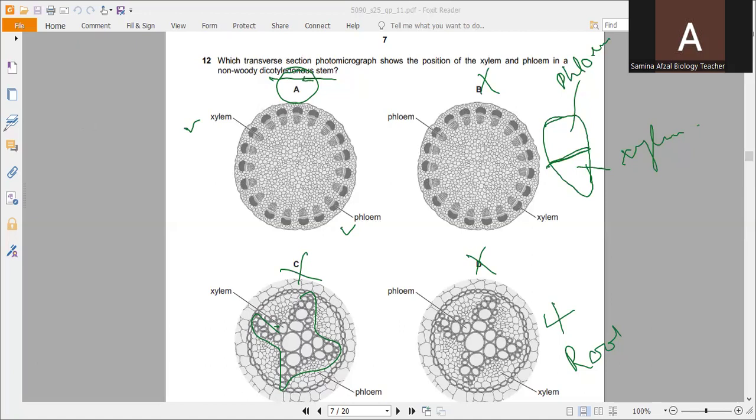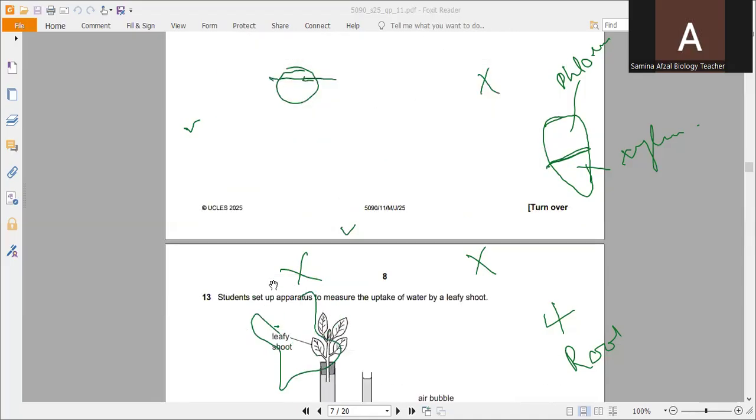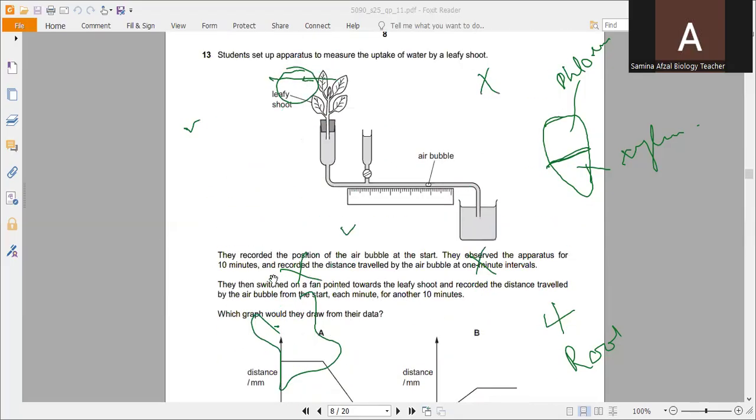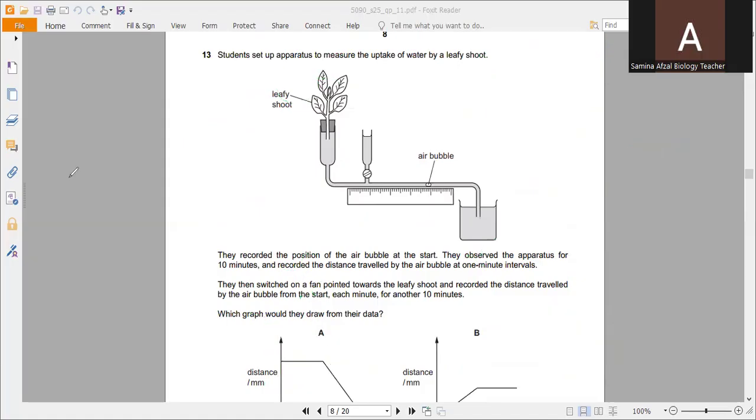So moving towards the next question, and the next question is again a graphical representation. You can see students set up apparatus to measure the uptake of water by a leafy shoot. A leafy shoot has been shown in the diagram. So they recorded the position of the air bubble at the start.